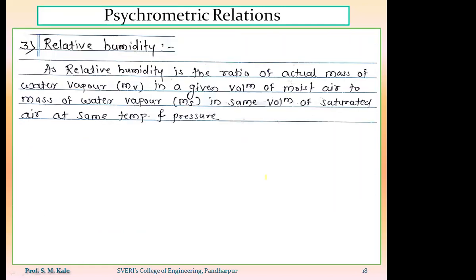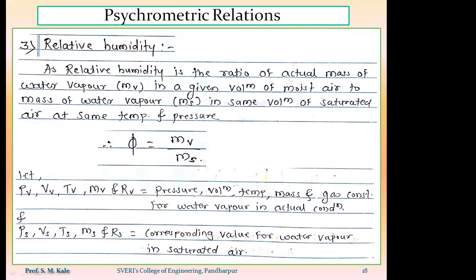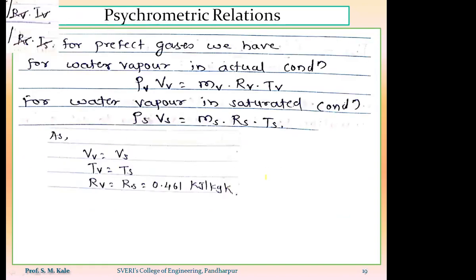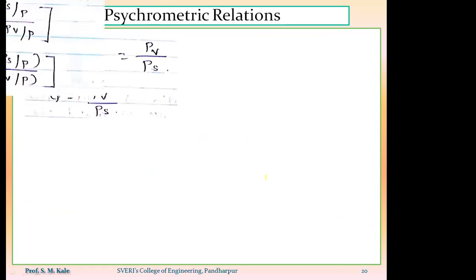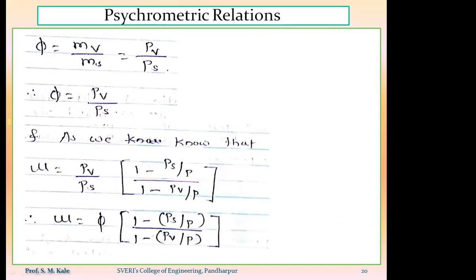The next formula we have seen is related to relative humidity, that is phi. Relative humidity is given by the equation PV by PS, whereas PV is nothing but partial pressure of water vapor in the moist air. PS is nothing but partial pressure of water vapor in the saturated air.